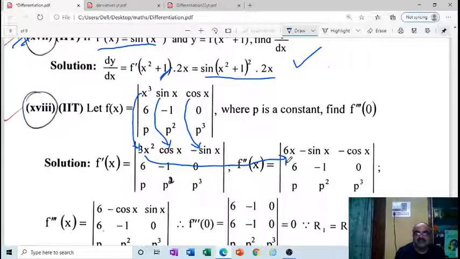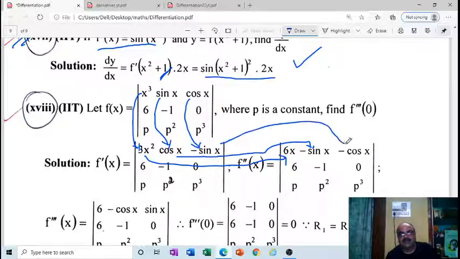Second differentiation: 3x square becomes 6x. X square differentiation is 2x, 3 into 2x is 6x. Cos x differentiation is minus sin x, and minus sin x differentiation is minus of sin x differentiation; minus already exists here, which is there in the sum.